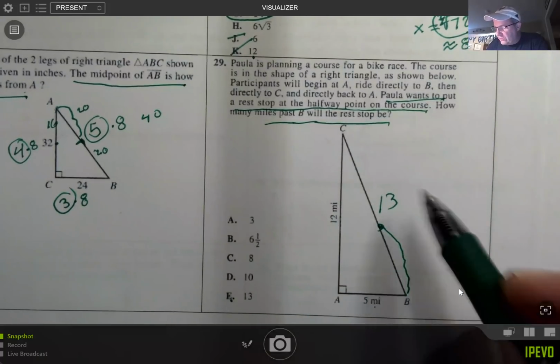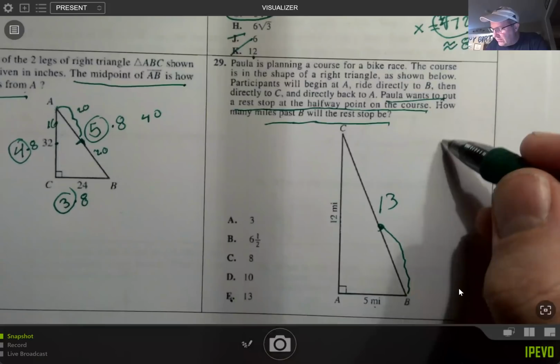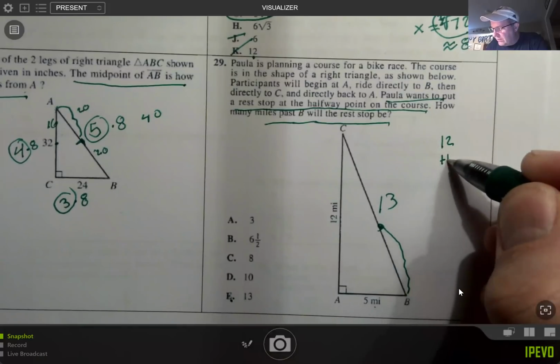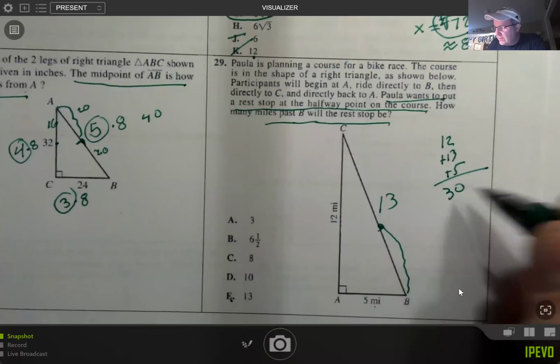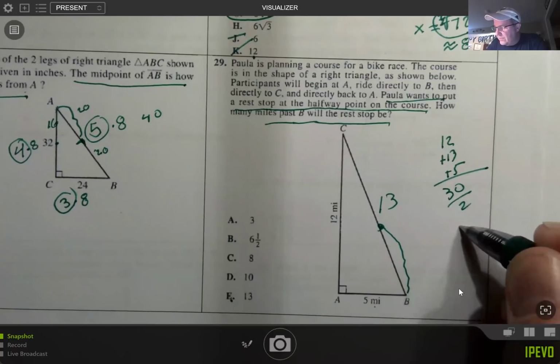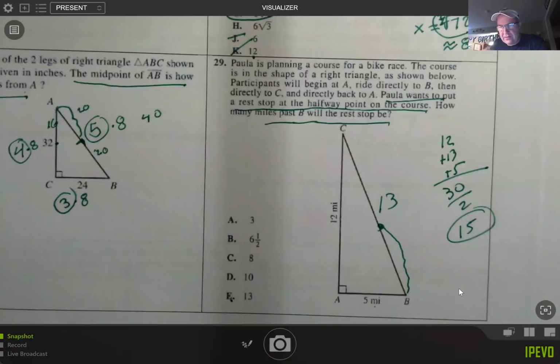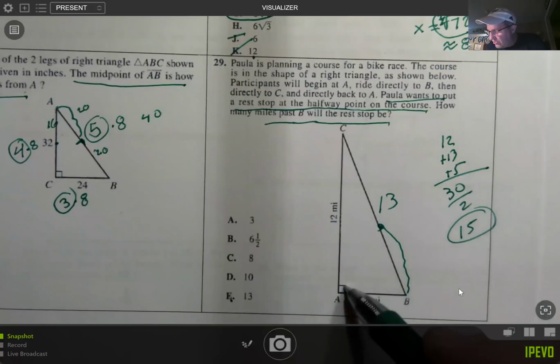Well, the course is this. So if I add up all these sides, 12 plus 13 plus 5, I wind up with a distance of 30. And if I take half of that, 15 is what the halfway point will be. Now we're told that we start at A, right?